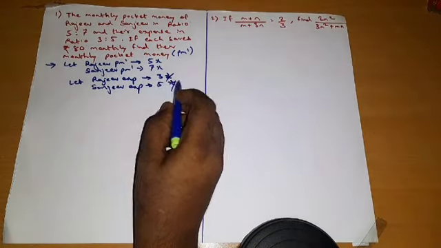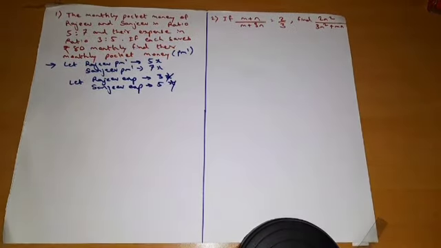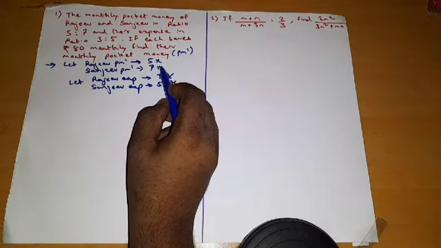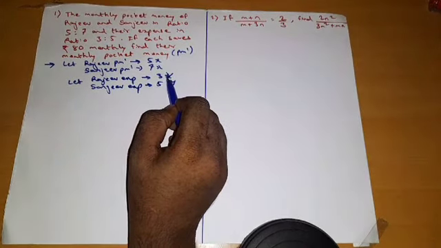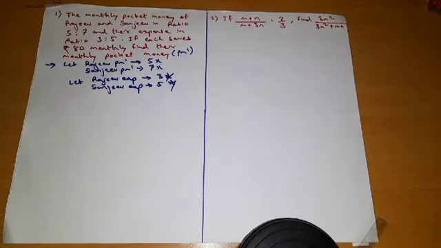If we divide their expense, we again still get 3 by 5. For pocket money I have used the constant term x, for expense I have used the constant term y. By looking at the ratio, it's sure that Rajiv will get less pocket money compared to Sanjeev. Okay, we have to find the individual pocket money.